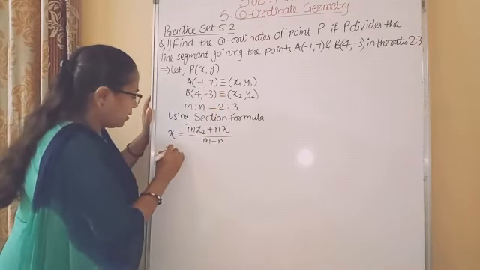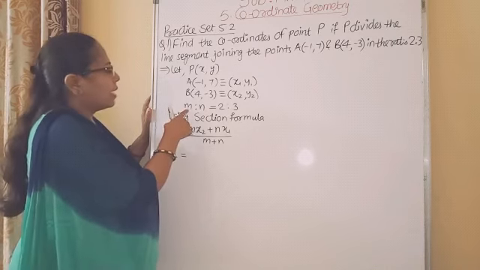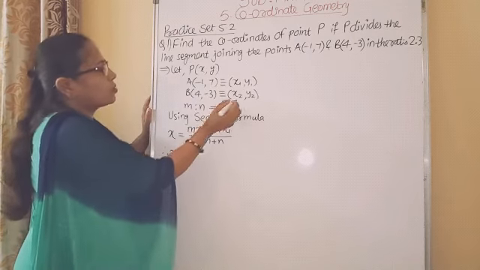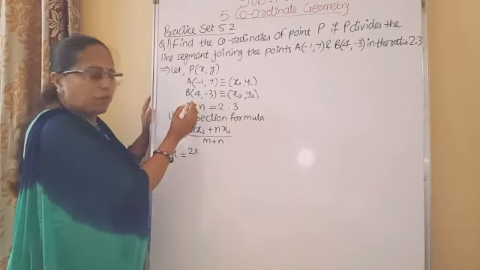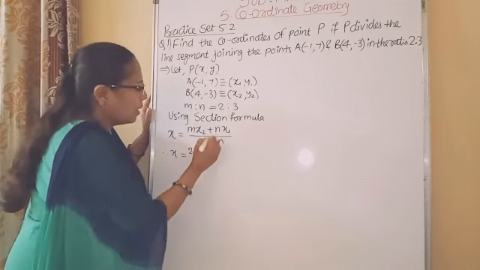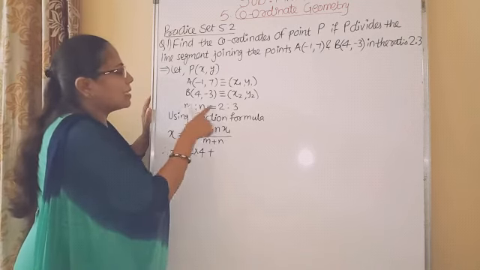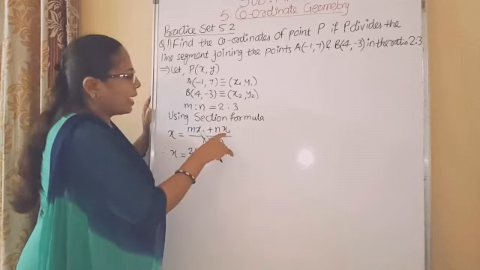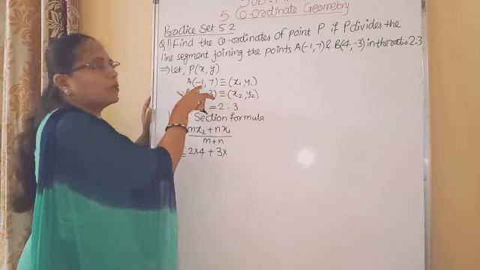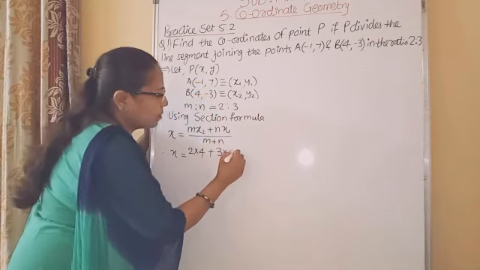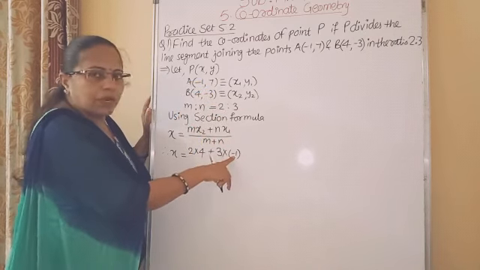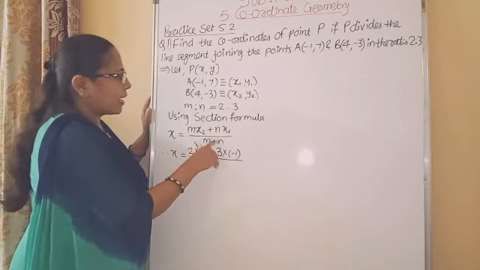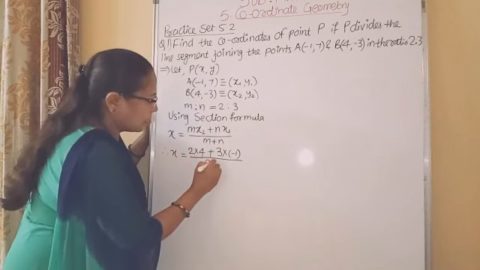So therefore x is equal to, m is equal to 2, so 2 into x2. x2 is equal to 4, plus n is equal to 3 into x1. x1 is equal to -1. So it is having negative coordinates, so I wrote in bracket. Upon m plus n, so 2 plus 3.